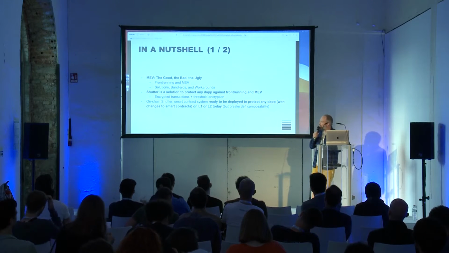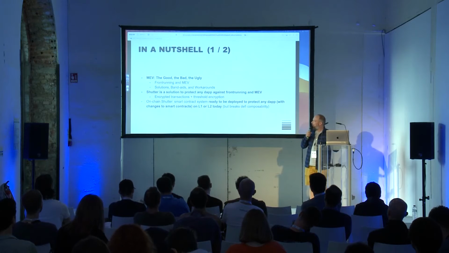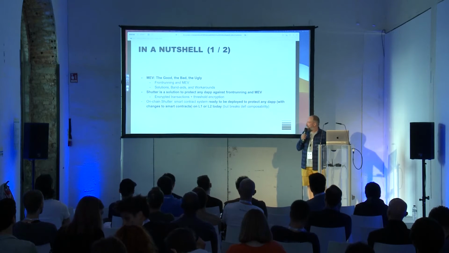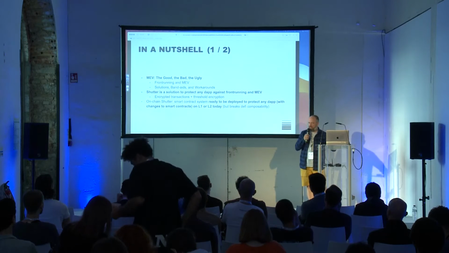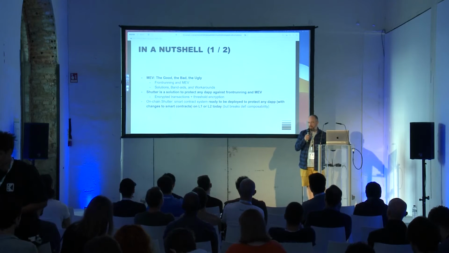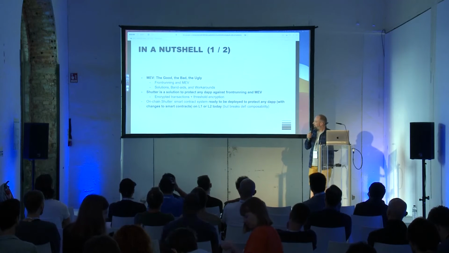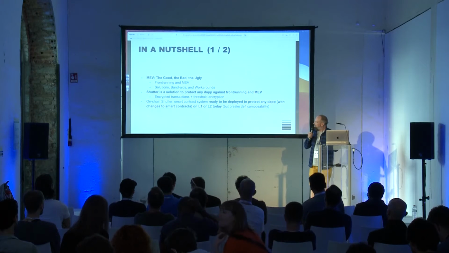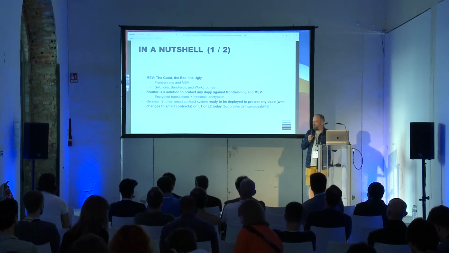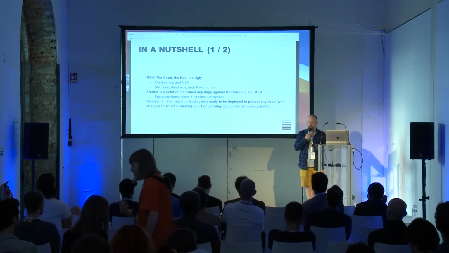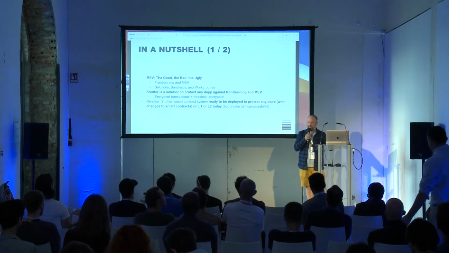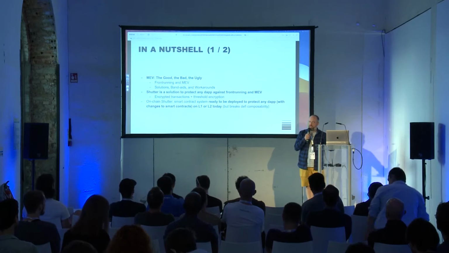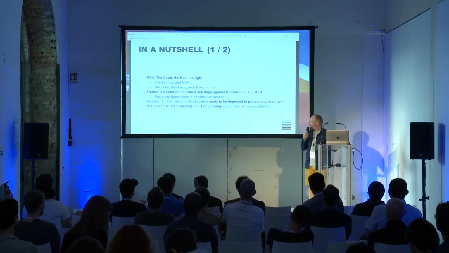So as a very brief overview of the content of the talk, first a refresher on what MEV is, then an overview of what Shutter is, how it works, and what is currently usable on-chain and what the future will bring in the coming months. So currently we do have a solution that is ready to be deployed on main chain with existing dApps that requires some adjustment to the dApps' smart contracts and also has some limitations.